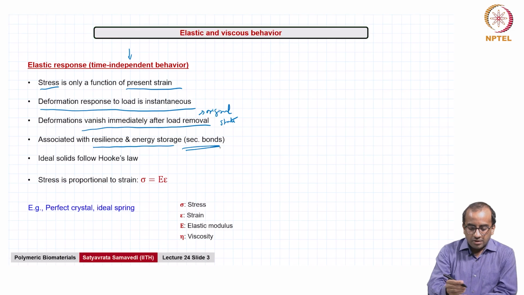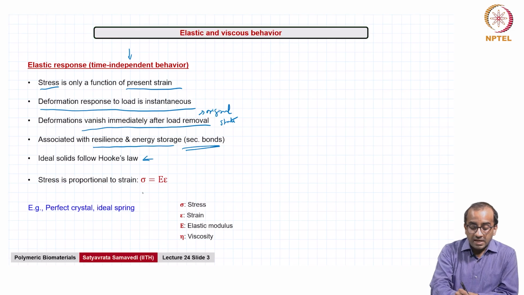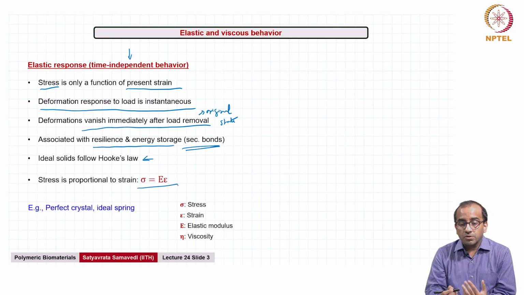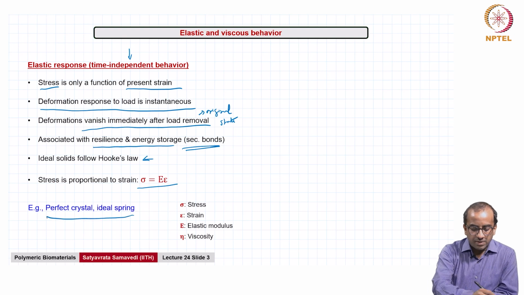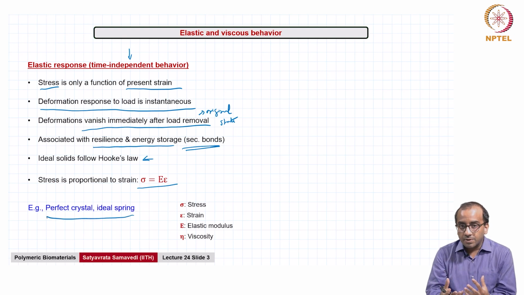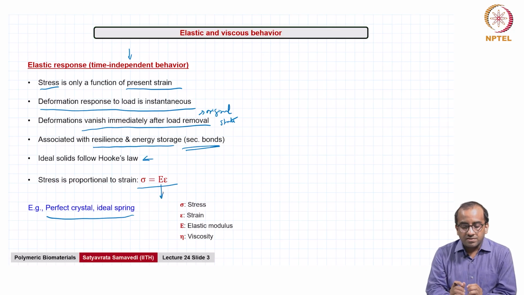And we saw that ideal solids will follow what is called Hooke's law, where essentially stress is proportional to the strain. Ideal solids here, examples being perfect crystals or ideal springs and so on, where capital E is simply the modulus of elasticity.